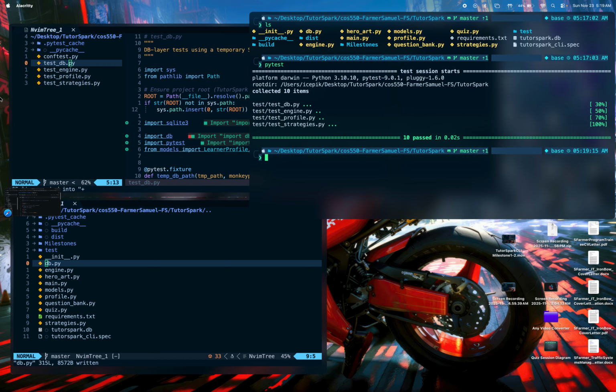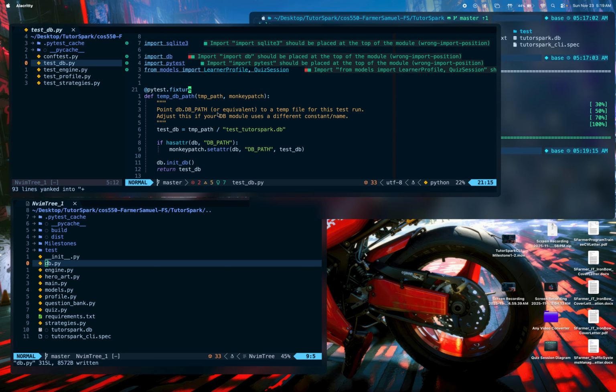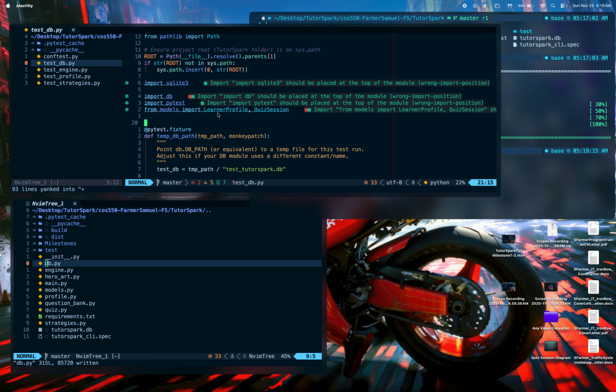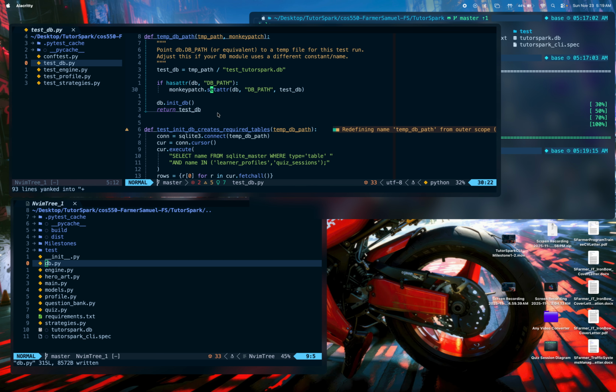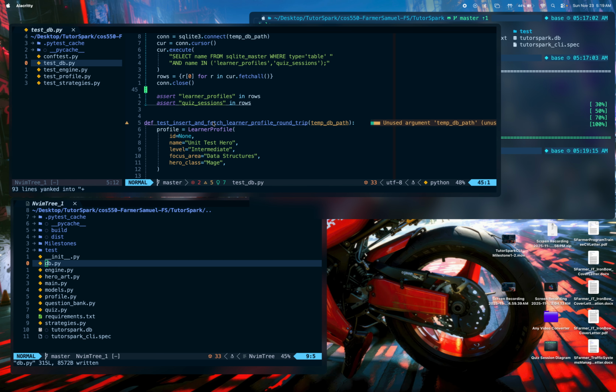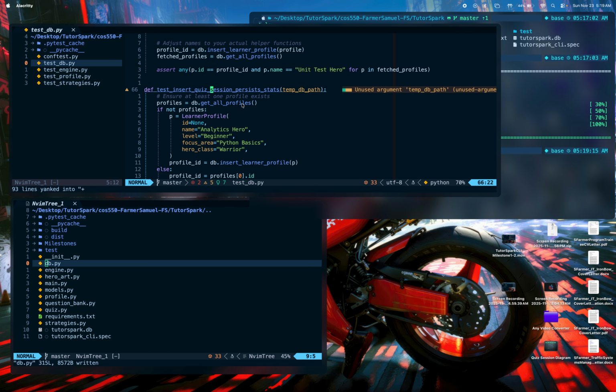This is the database layer in our test_db.py, which is critical because it holds learner profiles and quiz history. There are two main tests: test insert fetch learner profile round trip, and then we have our test insert quiz session.